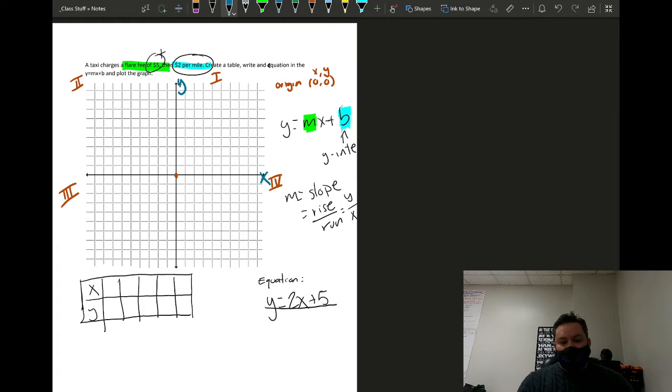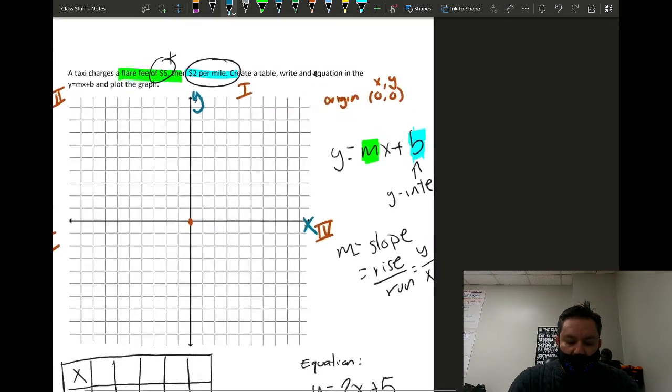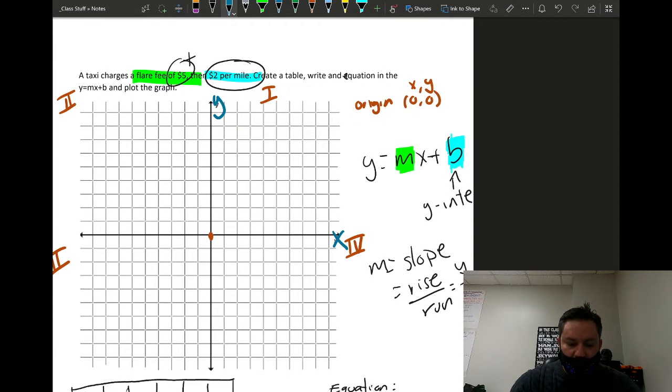So let's think. Before we do anything, let's go ahead and think. With these numbers that they've given us right here in the word problem, if we're going to get a ride and we're going to have to drive 3 miles, how much are you going to have to pay the cab driver?